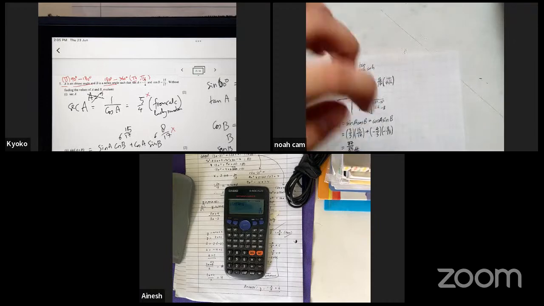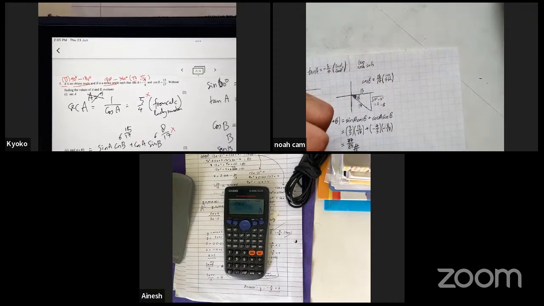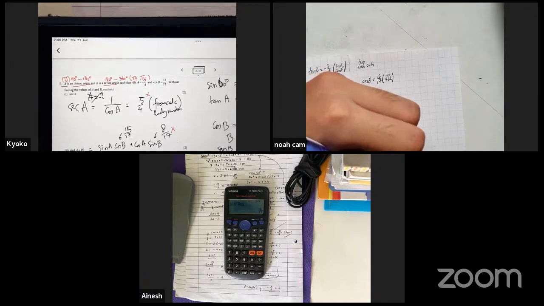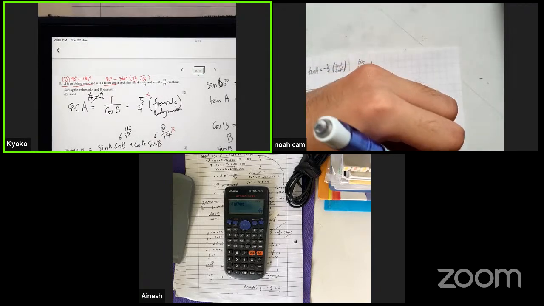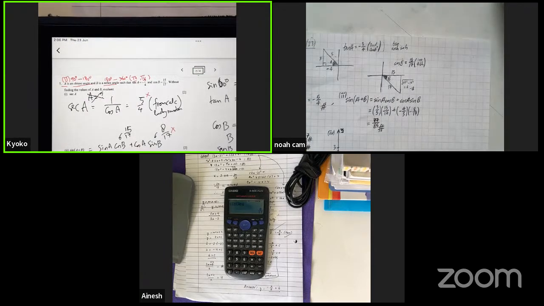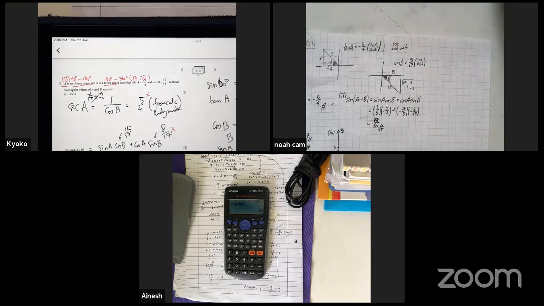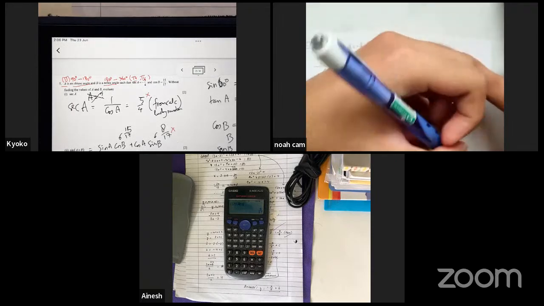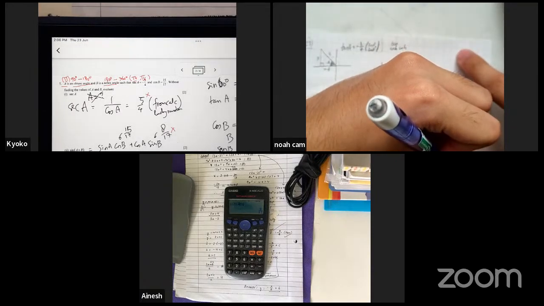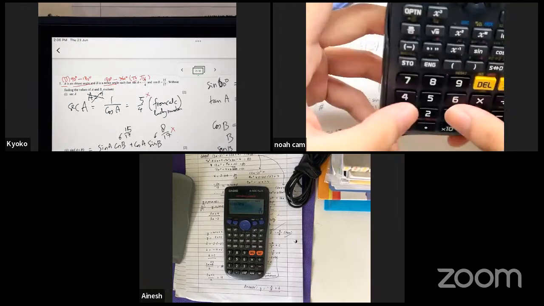This guy. Kyoko and Ainesh, tell me, what is this angle? Do you know? Is there any way for you to take 360 degrees minus 28.1? I would agree with you totally. This guy is 360 degree going backward minus 28.1 degree.